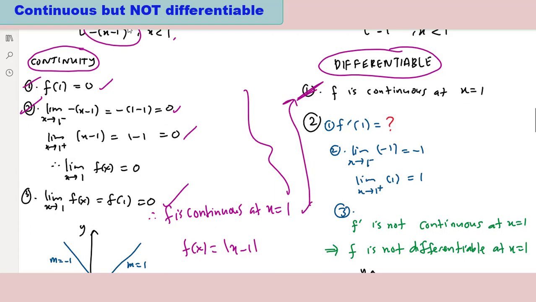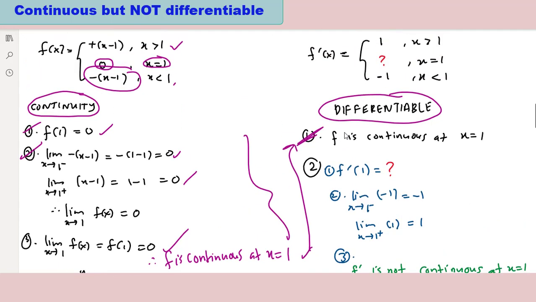The second step is that we need to show f prime is continuous at x is equal to 1, so we need to follow the three steps also. Here we differentiate the function to find the first derivative. So f prime of x is equal to 1 for x more than 1, differentiating x minus 1. Differentiating negative x minus 1 gives negative 1 for x less than 1.